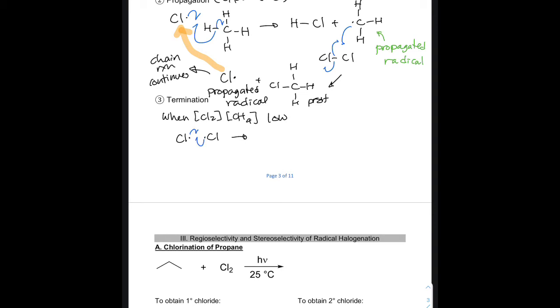Then you would get the chlorine molecules back. Or another thing that could happen is the methyl radical might run into another chlorine radical, again because the concentration of chlorine molecule is getting low or something like that. And then again, it'll go to the product. Or another thing that could happen is the chlorine radical can eventually react with the wall of glassware.